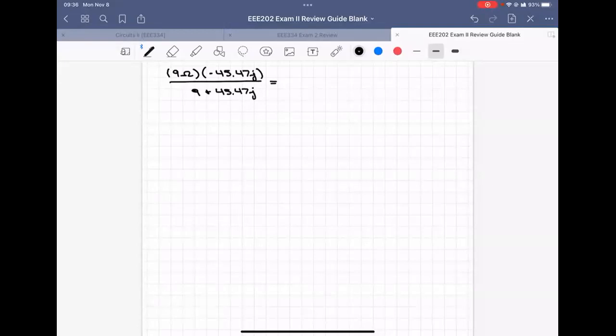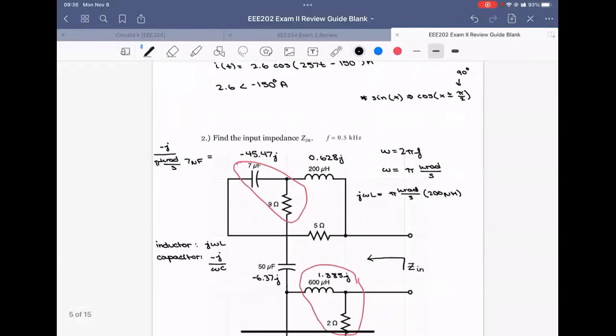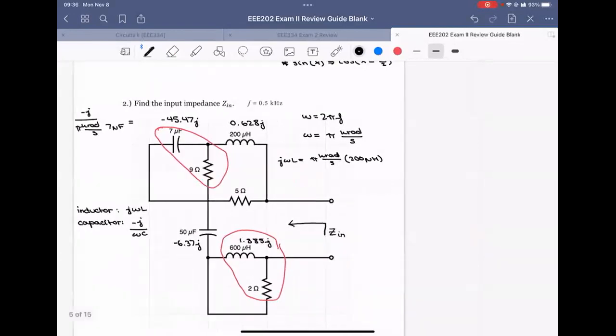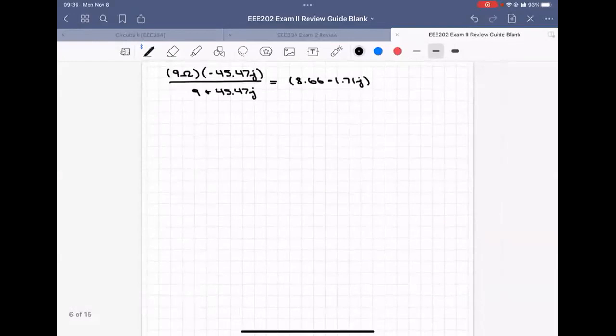That'll give us 8.66 minus 1.71 J. And then we also have the 1.885 J in parallel with the 2 ohms, which will give us 0.9408 plus 0.9982 J. So I will rewrite these real quick.